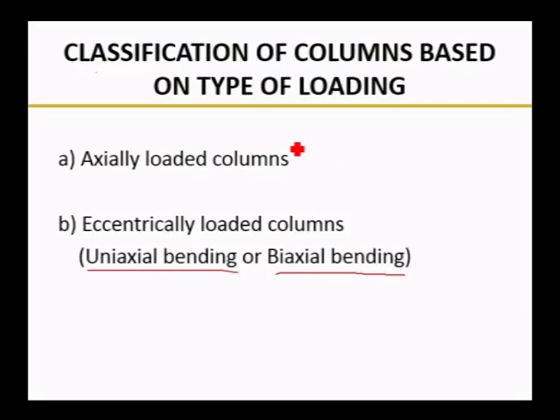In this subject, we are going to design axially loaded columns, and in case of eccentrically loaded columns, uniaxial bending columns we are going to take up. For biaxial bending, only the concept will be discussed, because biaxial bending involves a huge amount of calculation that is beyond the scope of diploma level.